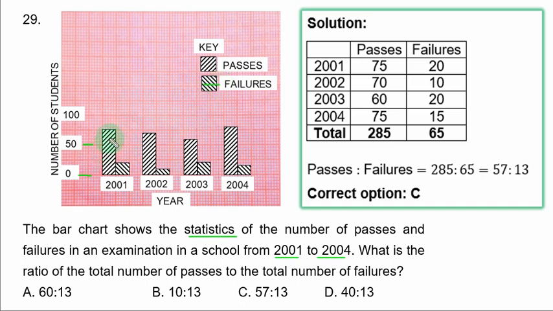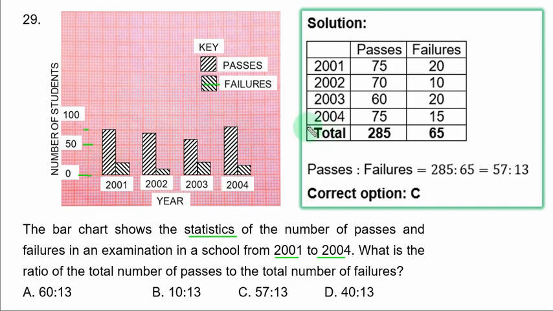This key is for those that passed. So from 50 to this place is 25. So when you add it, that is 75. For failure, from here to here is now 25. That is the meaning, and the failure level there is 20.